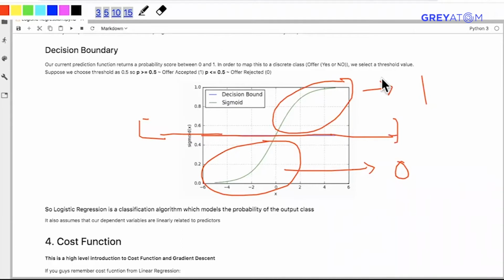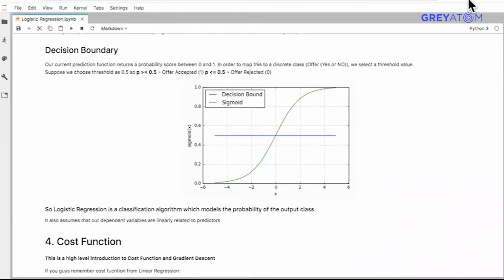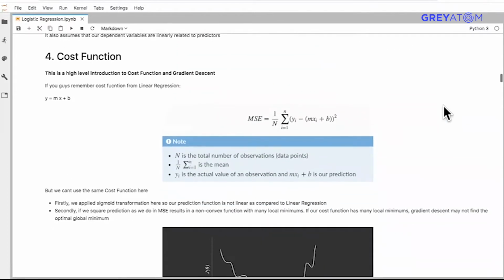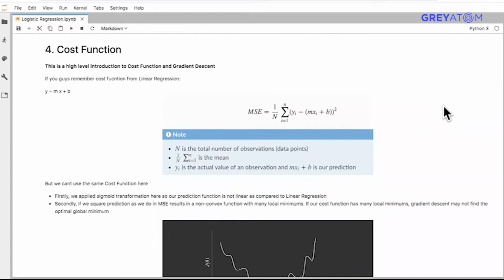So let's move forward with our cost function. What exactly is a cost function? If we make some errors, we want to penalize our model. For example, if our model predicts a class as 1, but the class is actually 0, we want to penalize our model for doing that.